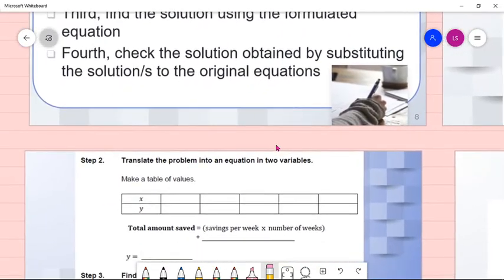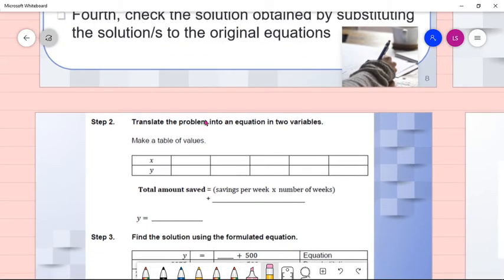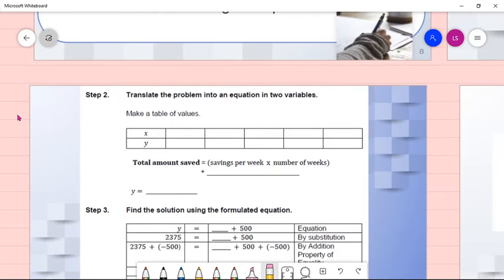Next is step 2, translate the problem into an equation in two variables. So make a table of values. We will just complete the table of values. Our x is the number of weeks. So we start with week 1, week 2, week 3, week 4, and 5.